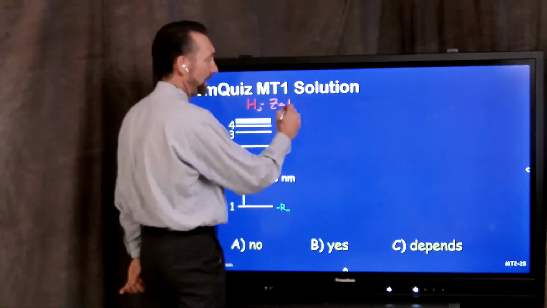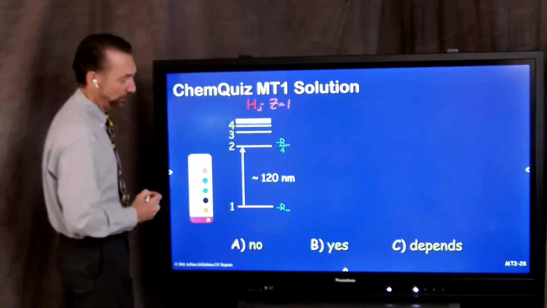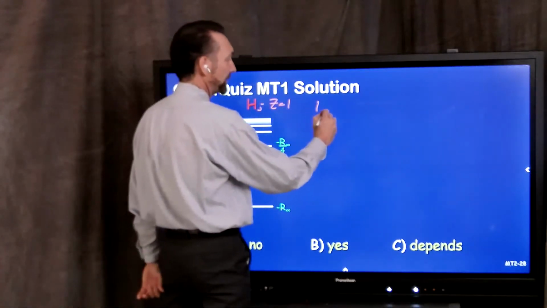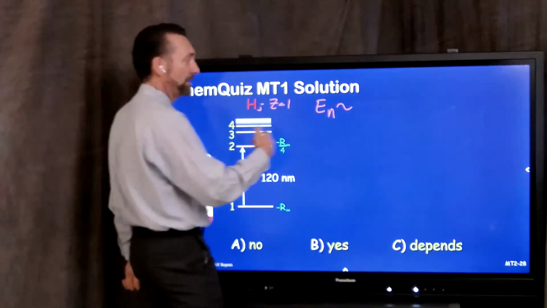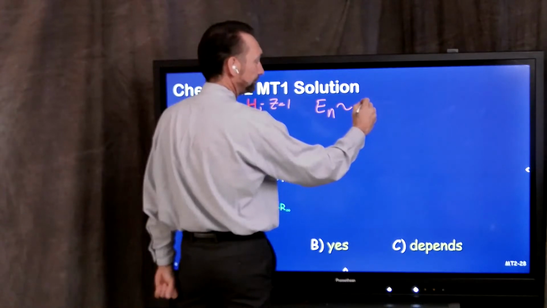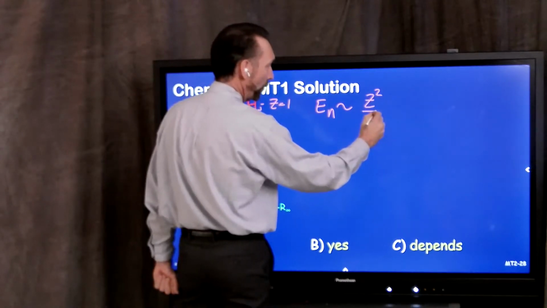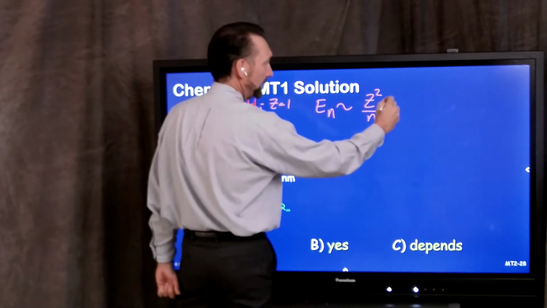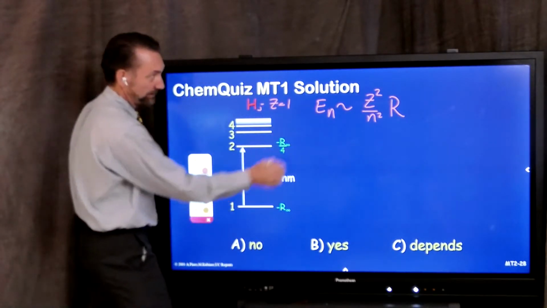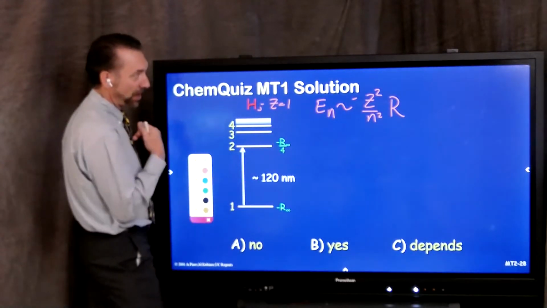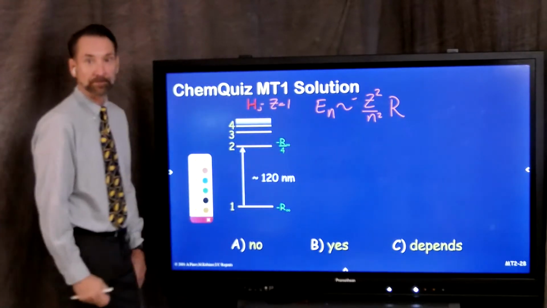The energy is going to go as Z squared over N squared times the Rydberg constant. So that's why this is minus R for the ground state of hydrogen, because Z is 1 and N is 1.